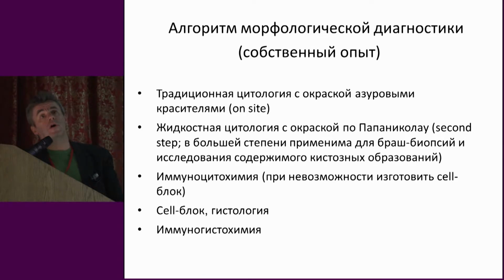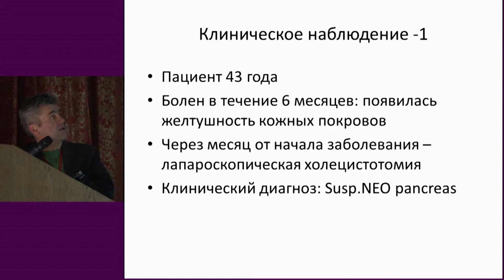That's a special method which makes it possible not only to obtain a monolayer of cells for more detailed, more accurate cytology, but also, if we have a lot of that material, we can use flow cytology to prepare the cell block, which is much smaller, with less material, but in any case makes it possible for us to fulfill various diagnostic objectives.